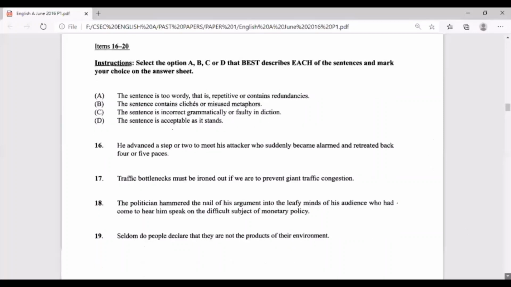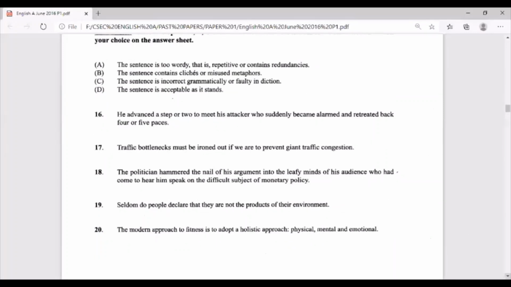Number 16. He advanced a step or two to meet his attacker, who suddenly became alarmed and retreated back 4 or 5 paces. The sentence was really going well, as much as it looks like it's saying a lot.